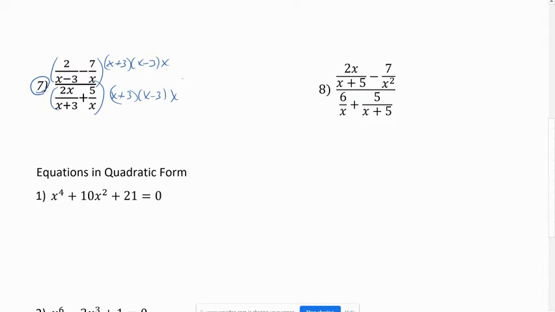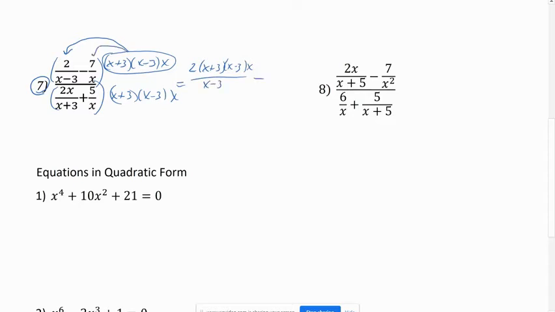Okay, so here, when I multiply all of this times the first term, I have 2x plus 3, x minus 3, x over x minus 3.